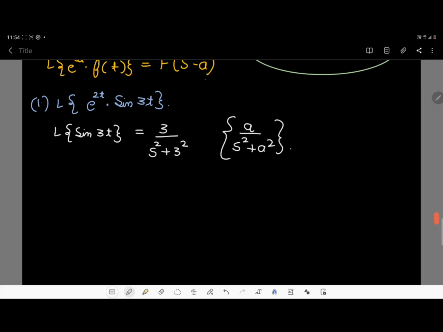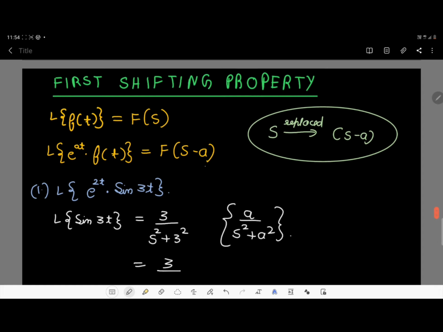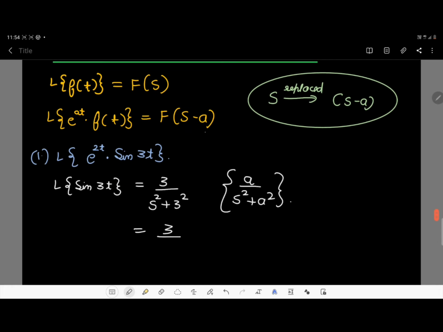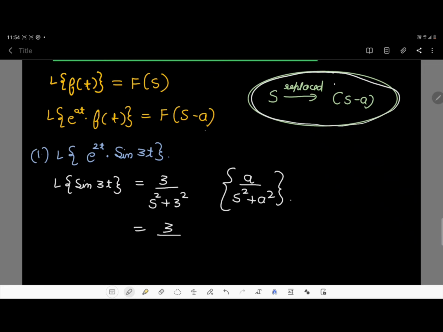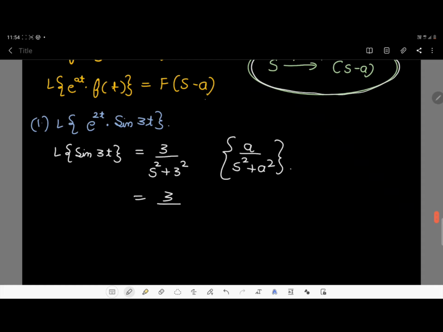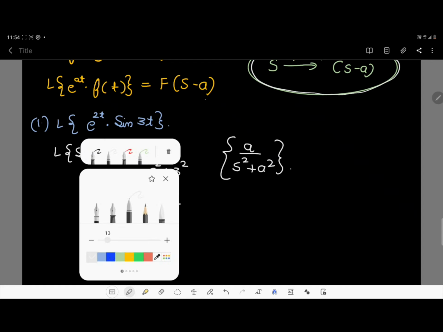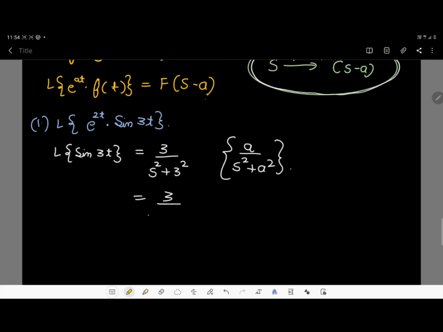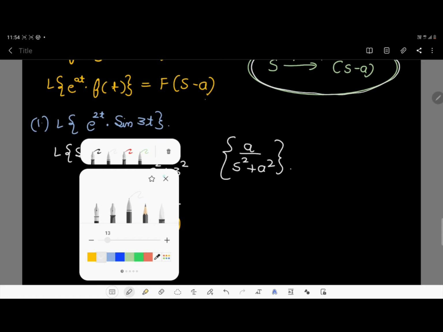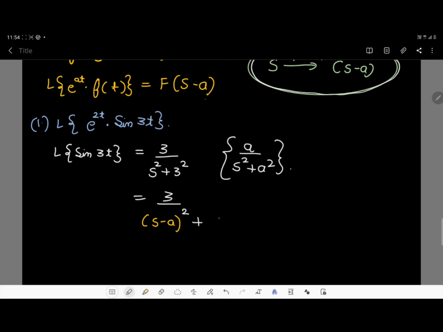Now, whenever you are using the shifting property, replace s by s minus a. What is the value of a? It is 2. So replace s by s minus 2, and write the square as such, plus 3 square. So your shifting property has been applied.